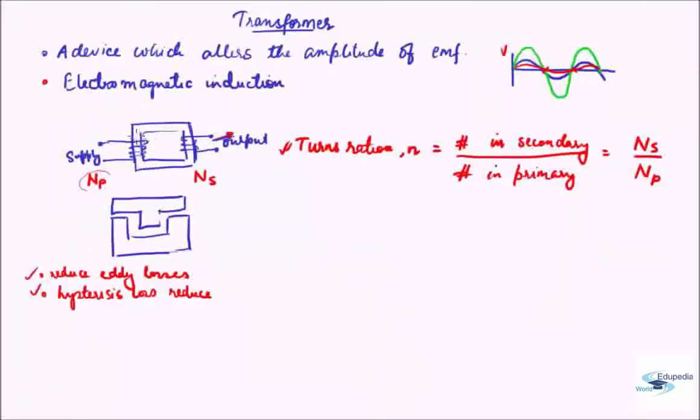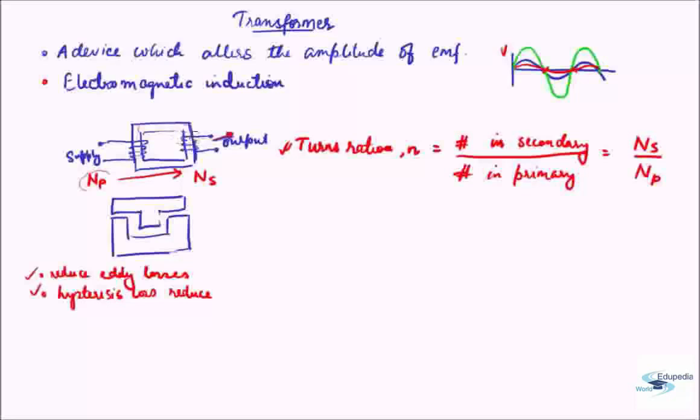That magnetic flux is associated from the primary side to the secondary side because of the soft iron core, and with the change in the magnetic flux in the primary side, the flux on the secondary side changes too.